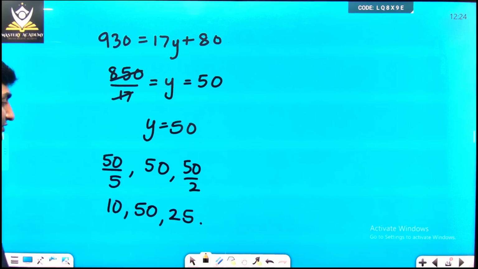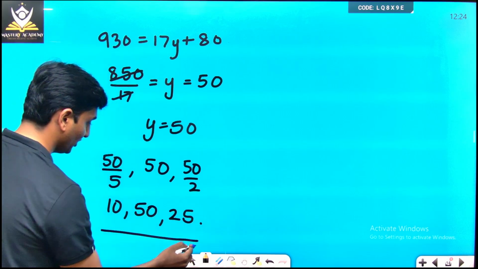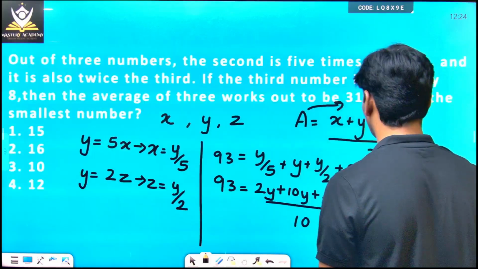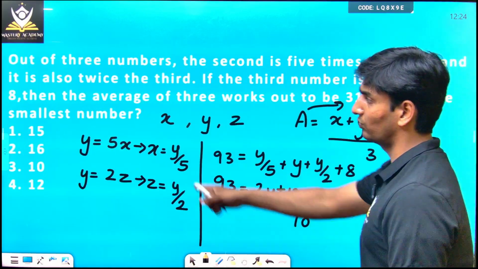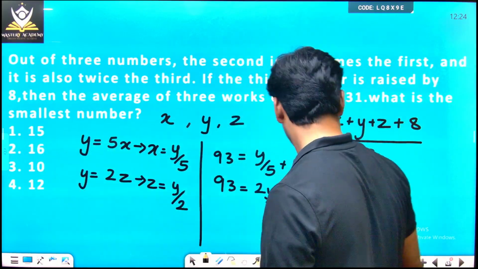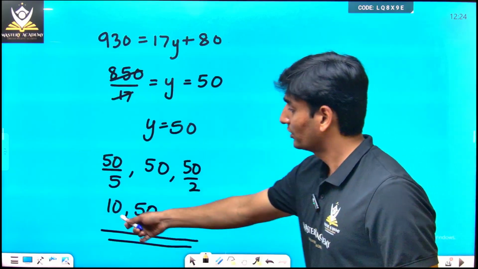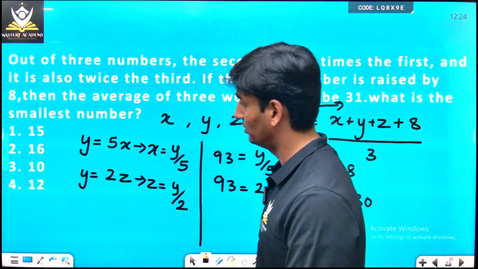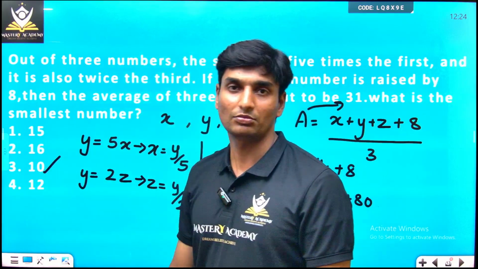So the value of x, y and z is nothing but 10, 50 and 25. In the question, what they have asked us is the smallest number. Smallest number is going to be 10. So option number C. Option number C, guys.